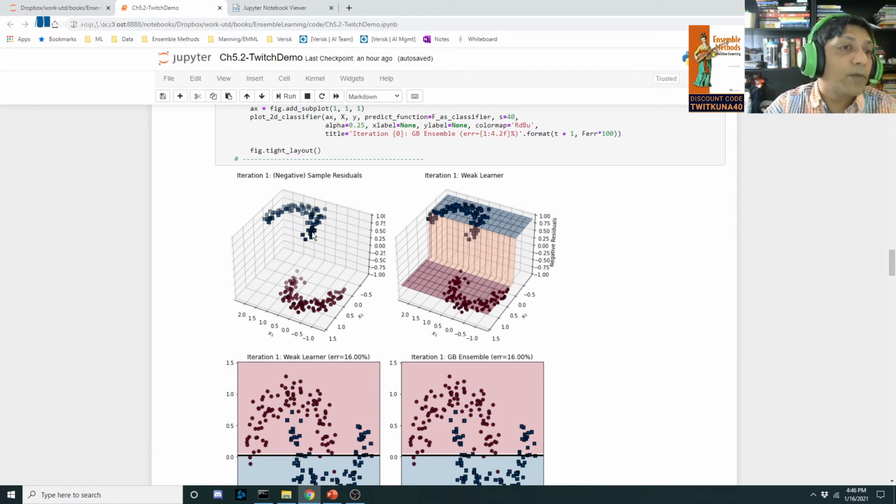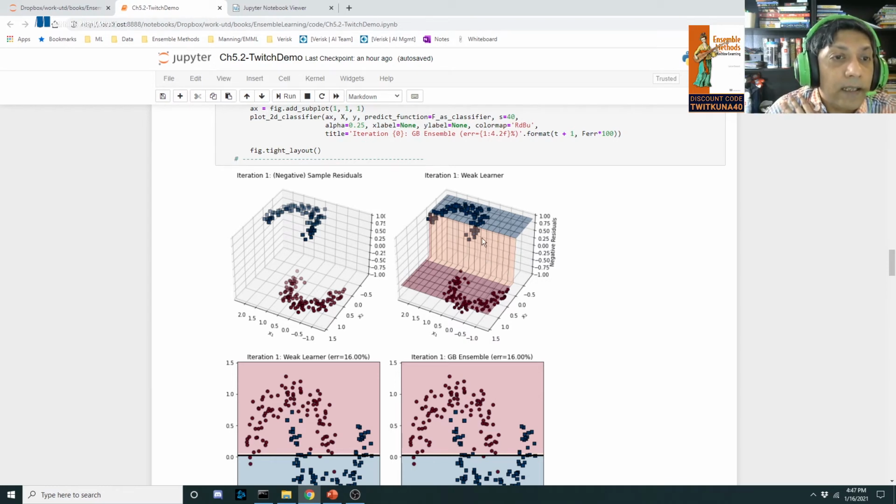For the squares, they're all 1, and for the circles, the other class, they're all -1. Once we've computed our residuals, our next step is to fit a decision stump, a regression model, to these. Here on the right, you can see the regression model that we have fit to it, and it's this nice step function. This is a decision tree, the decision tree regression algorithm.